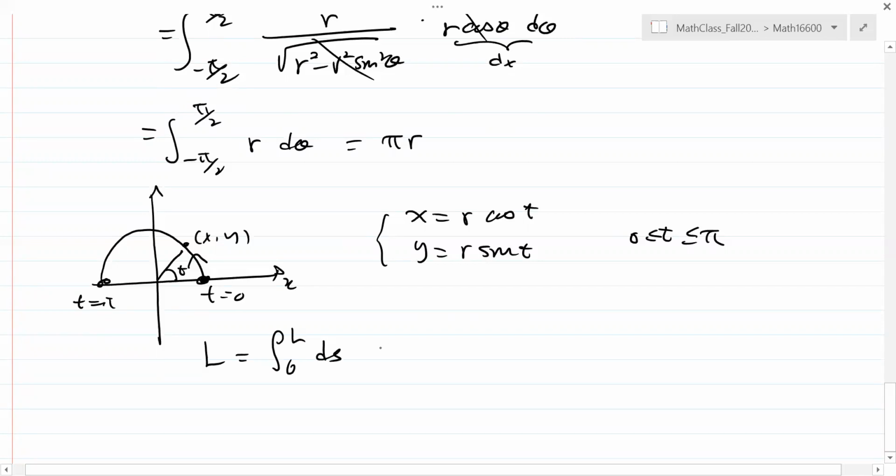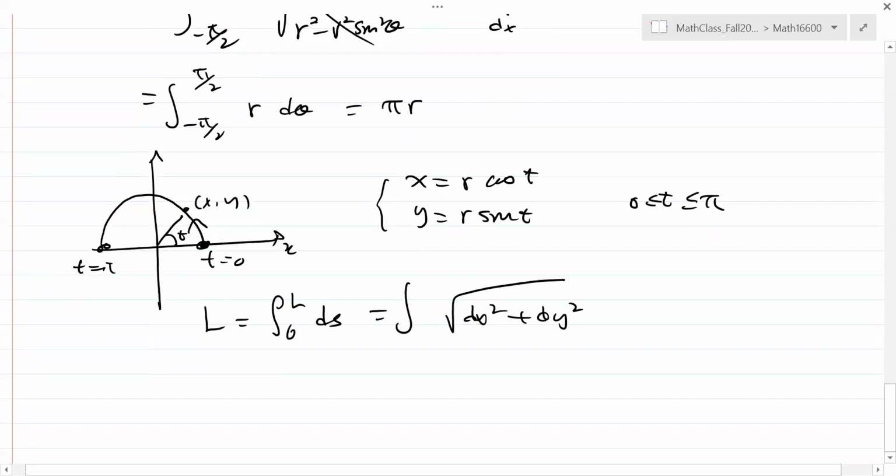Then I'm going to change it to ds. What is ds? The square root of dx squared plus dy squared. We don't know the interval yet, since there are two variables there, so we leave it open.